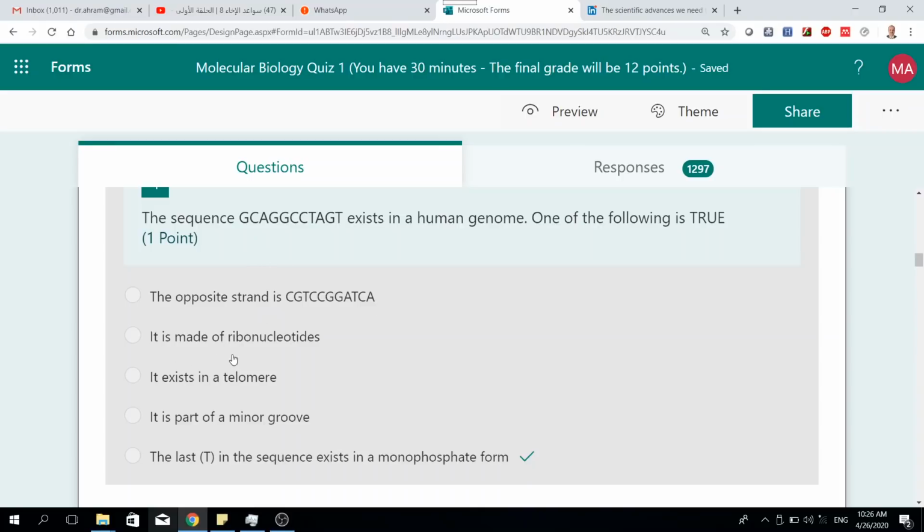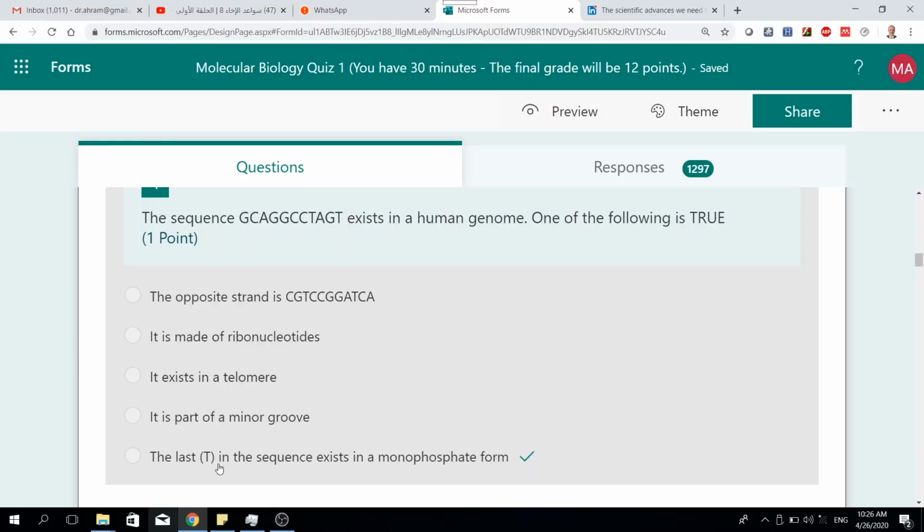So it's made of ribonucleotides. That's not right, because that's the human genome. It must be made of deoxyribonucleotides. It exists in telomeres. No, it's not the repeat of telomeres. It is part of a minor groove. I have no idea if it is part of a minor groove or not. So all of these options are wrong.